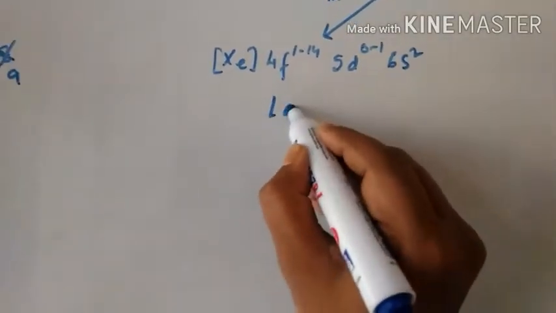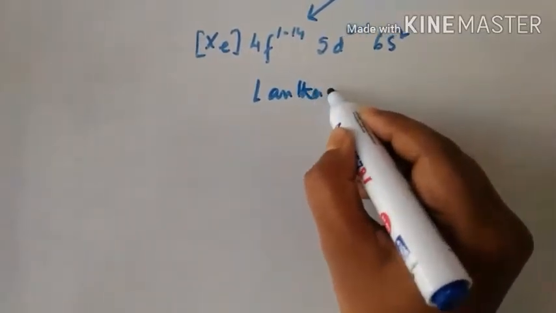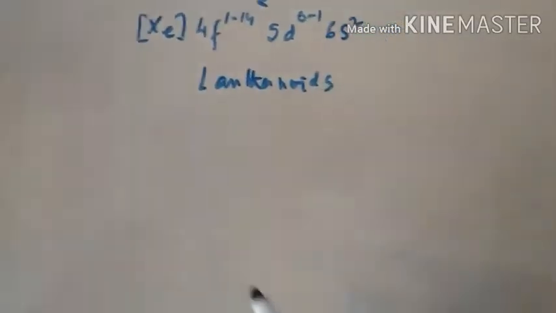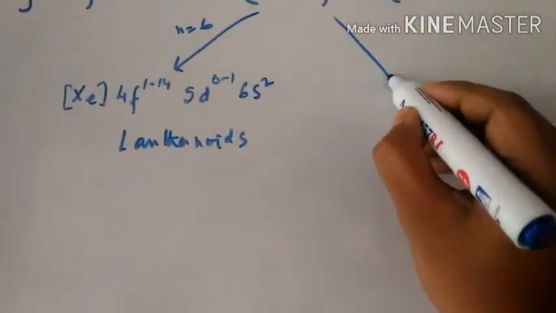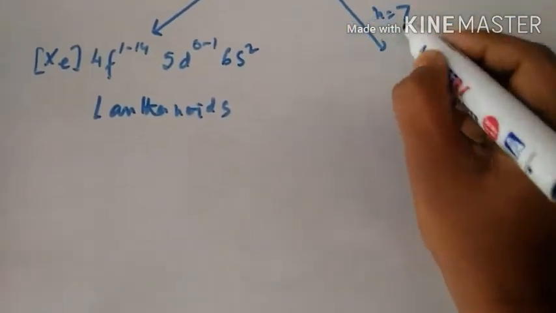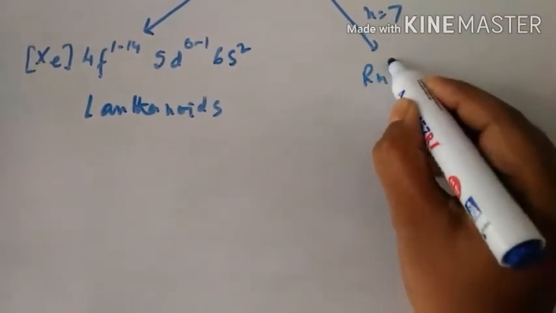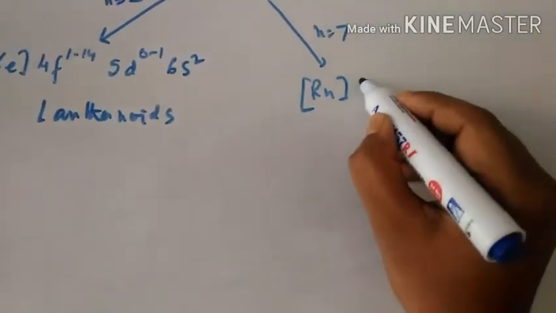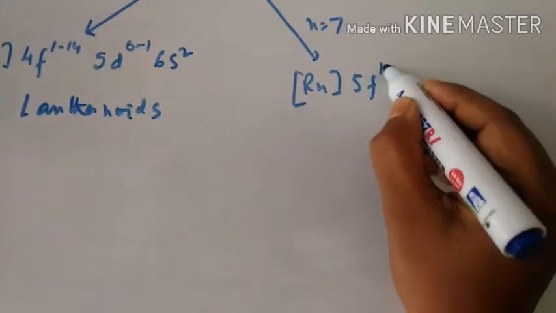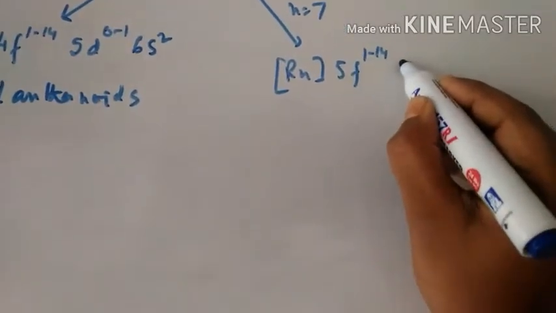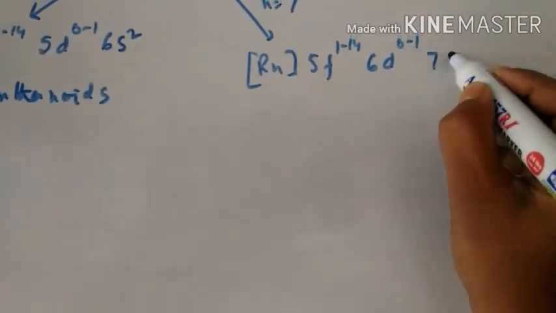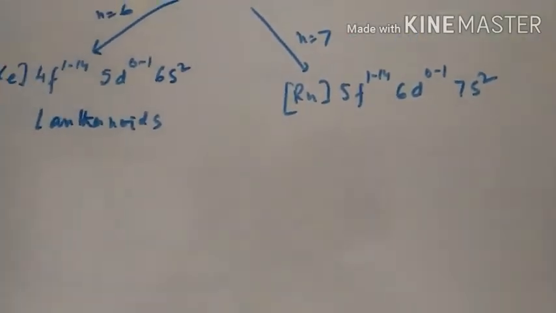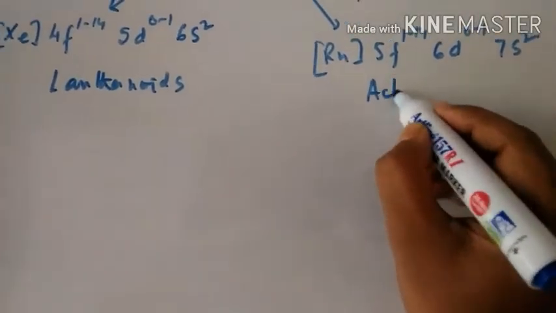This is our lanthanoid elements. We have already done it in the previous video. And if we put n equals 7 and start from radon, we get 5f 1 to 14, 6d 0 to 1 and then 7s2. So this is our actinoids.